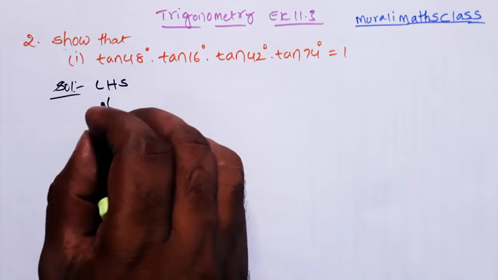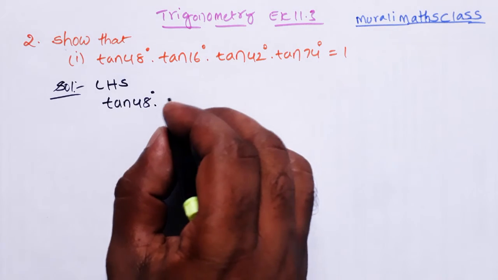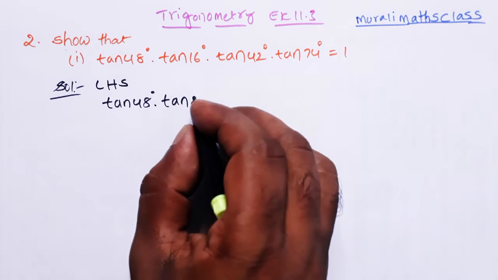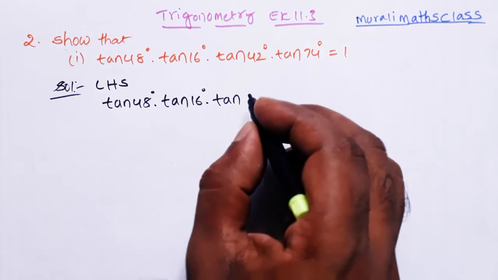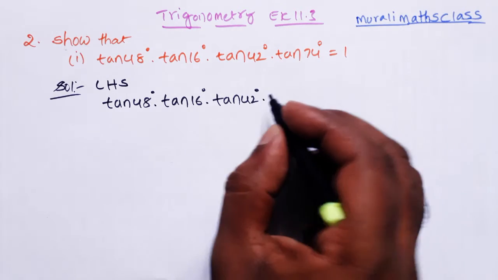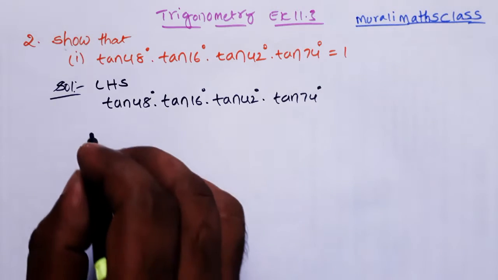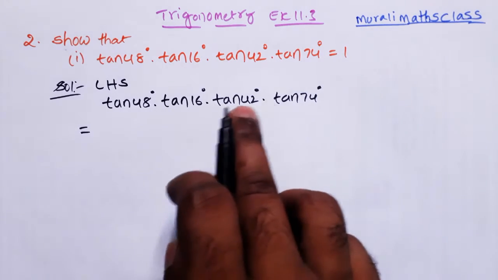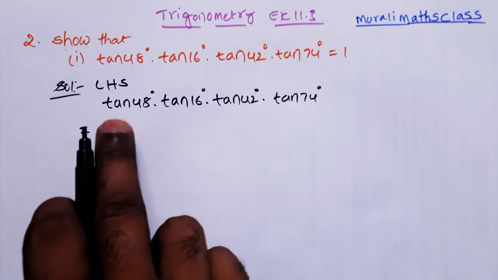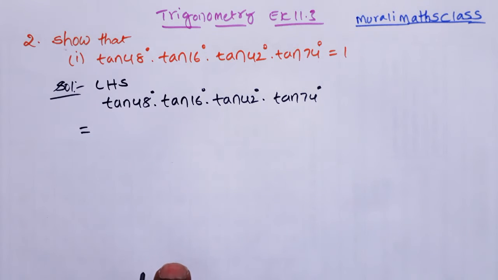That is tan 48 degrees into tan 16 degrees into tan 42 degrees into tan 74 degrees. This is LHS. We need to simplify now. We have 4 terms. In these 4 terms, first 2 terms you convert in terms of cot.